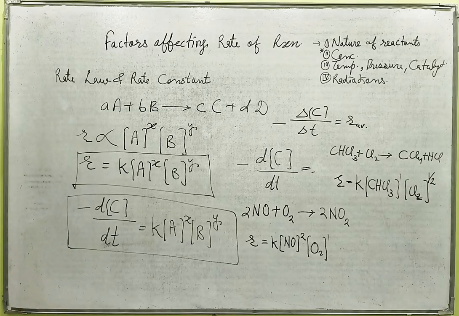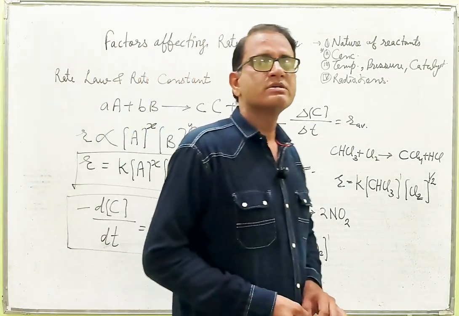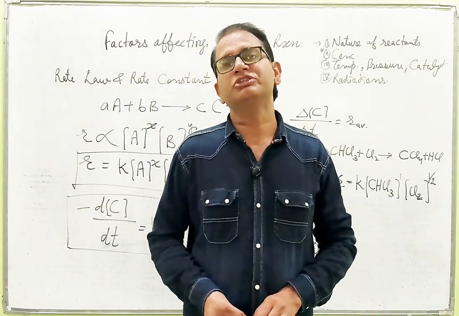Now, say the concentration of the reacting species A and B is 1, that is, unity.